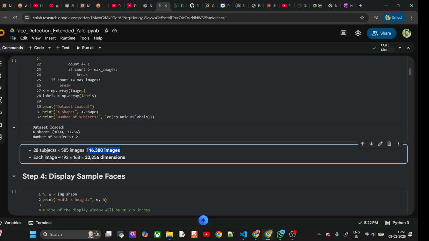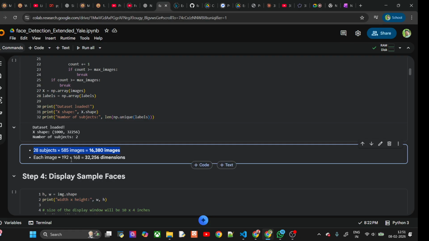This is the actual image count. In the lecture sir mentioned nearly 20,000 images, but the actual data set has about 16,000.